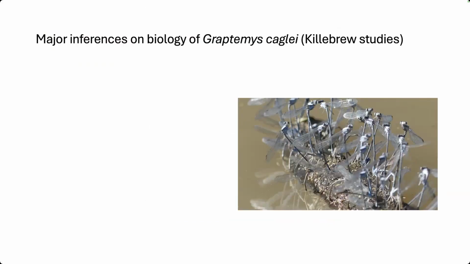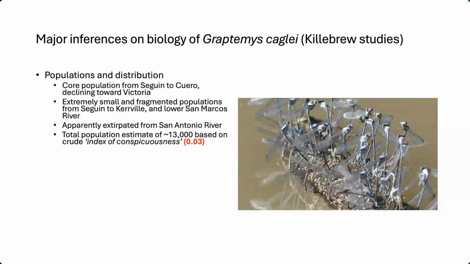Based on their studies, some of the major inferences, or I want to say dogma, on the biology of Graptemys caglei, at the time that they completed their studies, we knew a little bit about their populations and distribution. They determined that there was a core population of Cagle's map turtles occurring from Seguin to Cuero, and that the population declined toward Victoria.